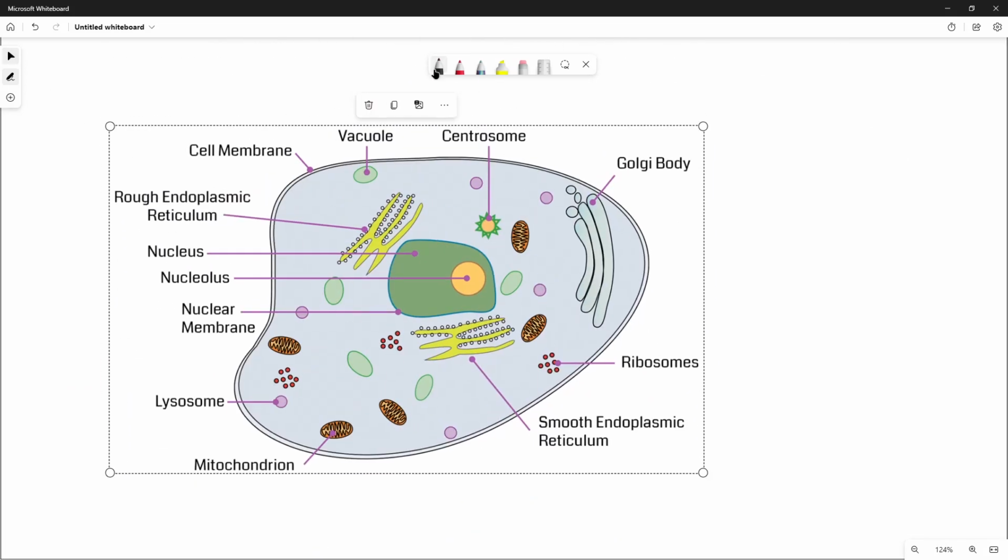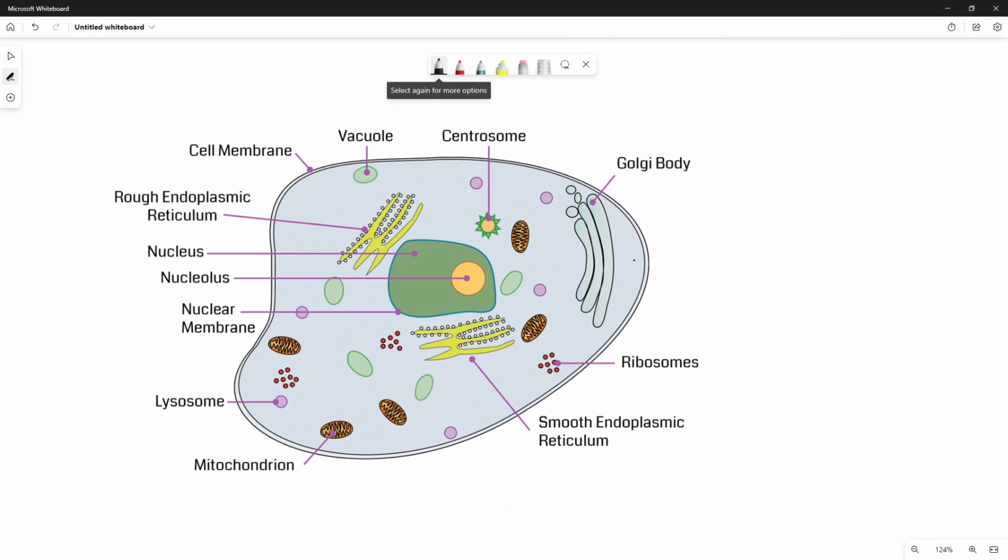So let's start here. So we have a Golgi body, which essentially modifies and matures the protein made by the rough endoplasmic reticulum.